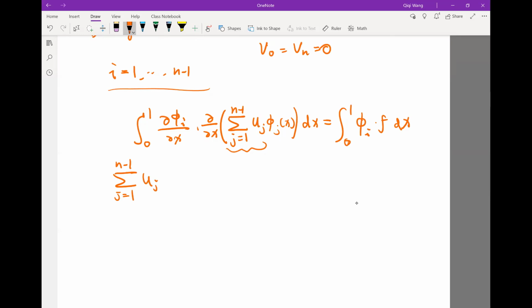Also, u_j can be taken out of the derivative because u_j is a number. It's not a function. It can be taken out of the derivative and taken out of the integral. And the integral becomes the integration from 0 to 1 of the derivative of phi_i times the derivative of phi_j. And this is phi_i f dx.